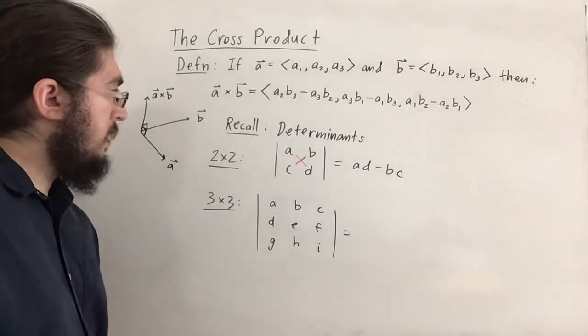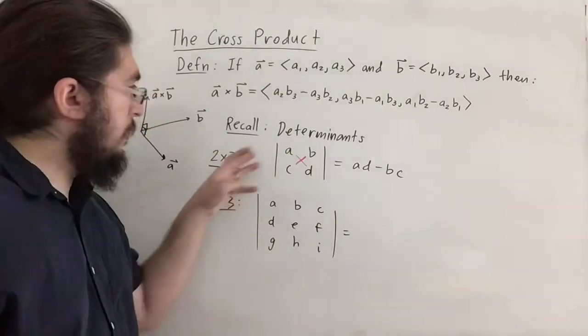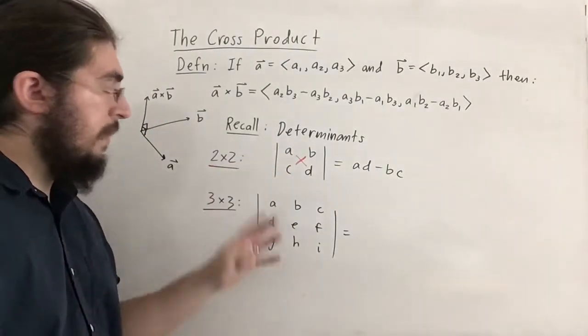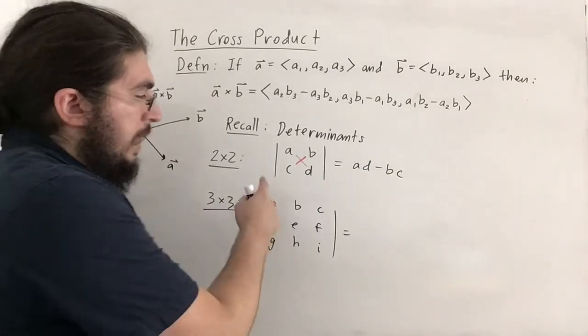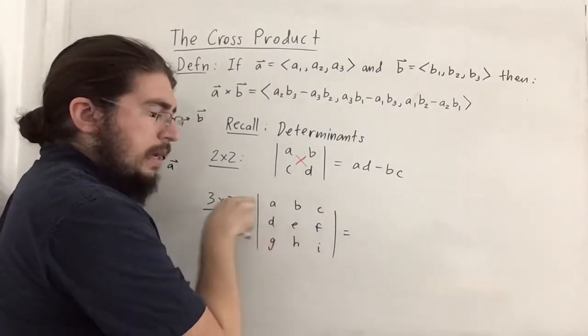And in fact, what I'm noticing is that the book is using A, B, C, D here, but for 3 by 3s they're using a different notation. But I'm just going to stick with this one, even though it looks a little different, but that's fine. So since it's A, B, C, I'll go by rows.